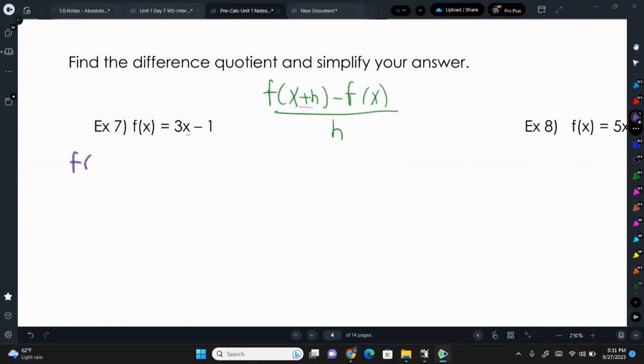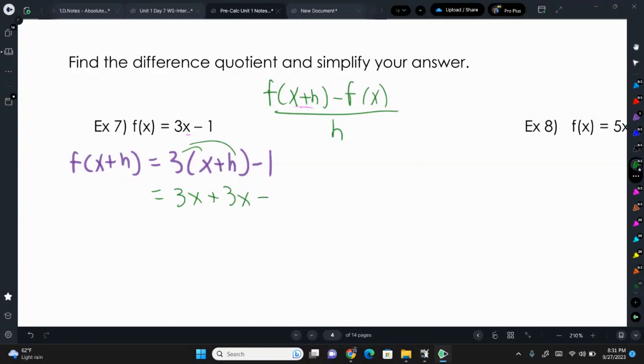So f of x plus h is 3 times x plus h minus 1, which simplifies to 3x plus 3h minus 1. And f of x, we already know what f of x is. It's given to us, 3x minus 1.